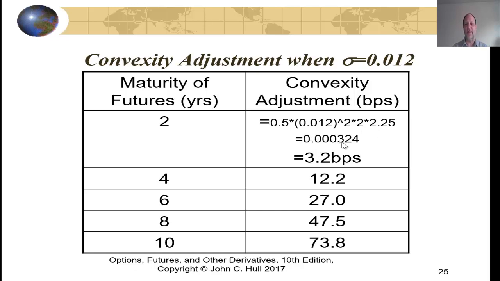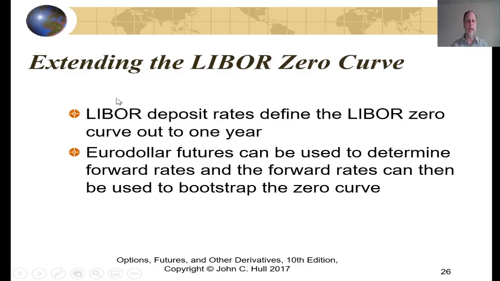And if we multiply that out, we get 0.000324, or approximately 3.2 basis points. Doing the same thing for a 4-year contract, you get 12.2 basis points, and a 10-year contract, you get 73.8 basis points.